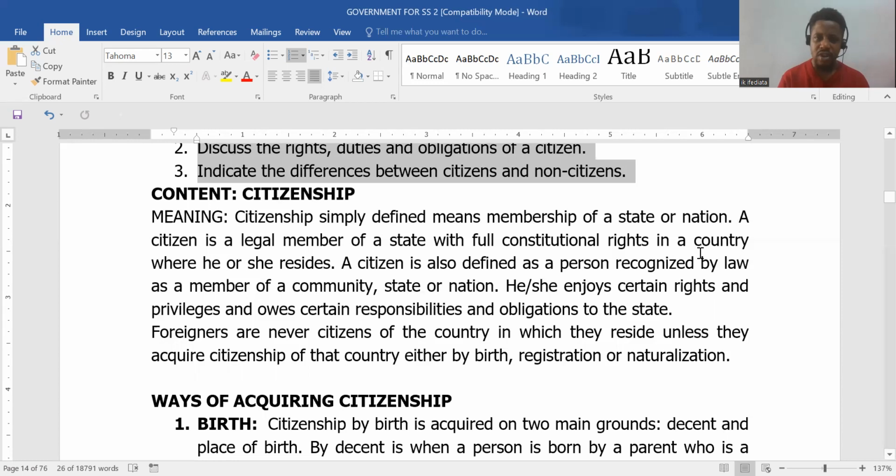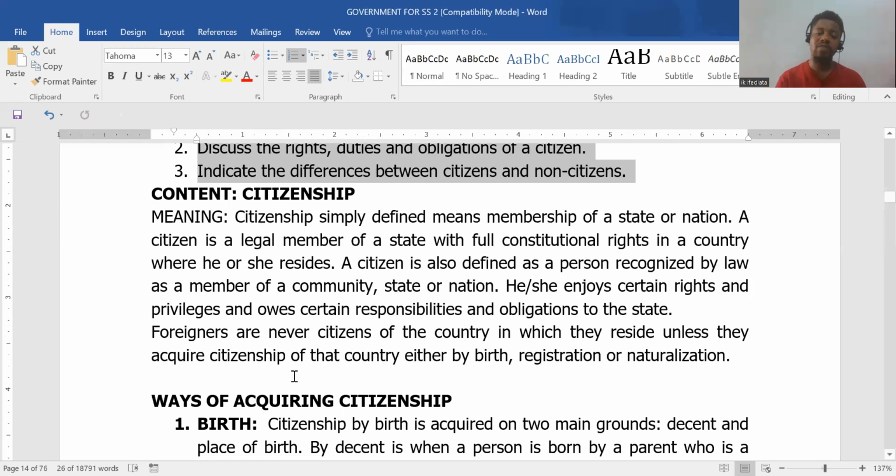On the other hand, a citizen is a person recognized by law as a member of a state or nation. Therefore, he or she enjoys some rights and privileges. For example, right to life, right to vote during the election, freedom of association, right to own properties and the likes. So we're going to marry this topic with some fundamental human rights as well.